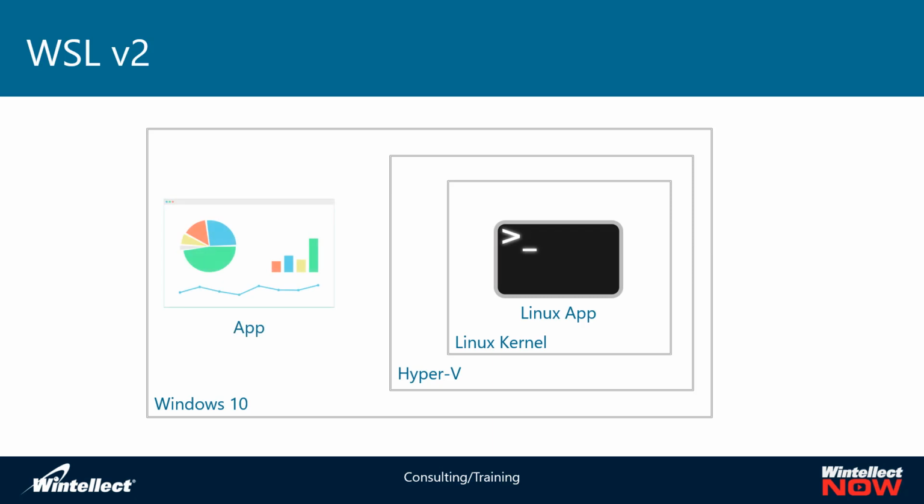And so with the app running on Windows 10 on the host, you have strong integration across the Hyper-V and across that Linux kernel into the app. And that is where WSL V2 has focused much of its effort on trying to make that integration really tight and seamless, and making the process for getting it up and running on Windows very seamless and easy to do.